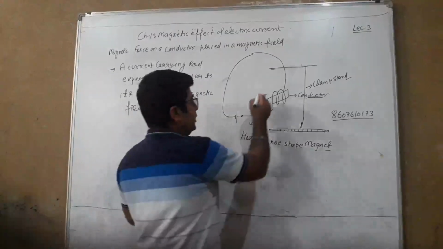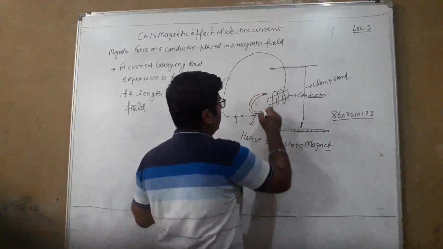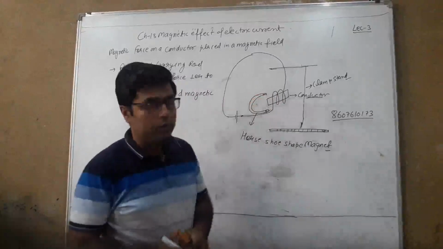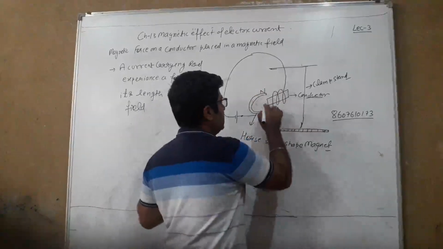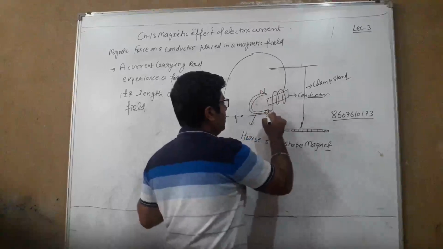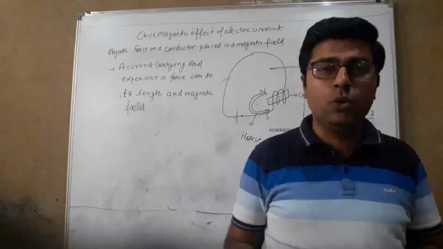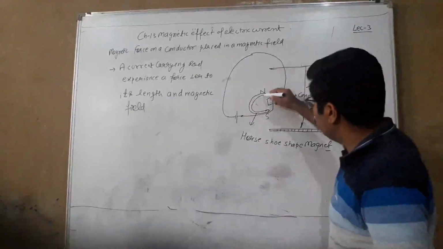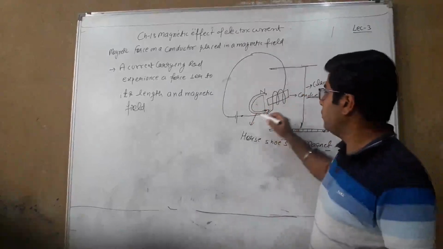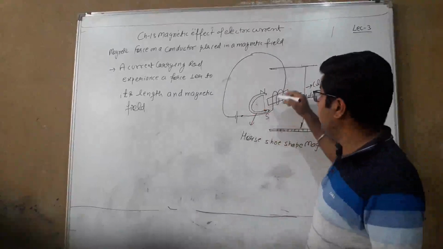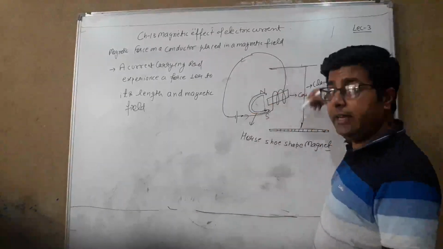Suppose this is our north pole, N, and this is our south pole. The direction of magnetic field is from north to south. And in this wire we have the direction of current like this, from positive to negative.